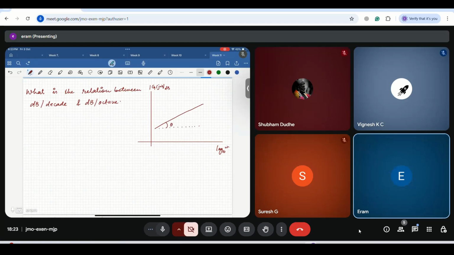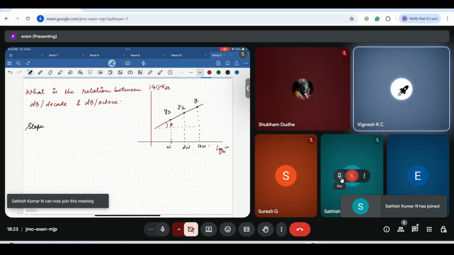Or if I mark points here as y1, y2 and y3, and let's suppose this is omega, this is 2 omega, and this is 10 omega. Okay, so how do you define slope? Change of y divided by change of x, ma'am.